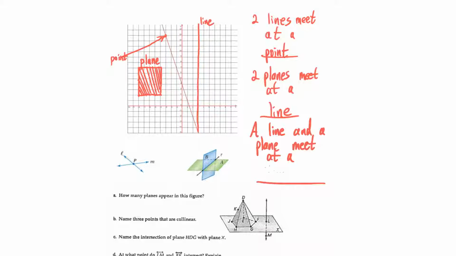Okay, so here's a line. I just straightened out a paper clip here. Right here's a plane. So where this line meets that plane, what happens where they meet up? A point. Good. So this line meets up with this plane at a single point. All right? You are intelligent. And brilliant.